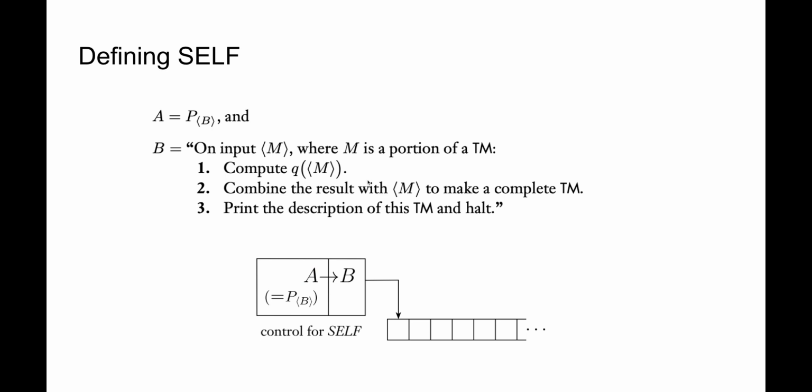So now part B has knowledge of both its own encoding as well as the encoding of A, which it was just able to calculate in step one. So it can combine these two encodings to make the complete Turing machine, and then it's going to print out that description of itself and halt.